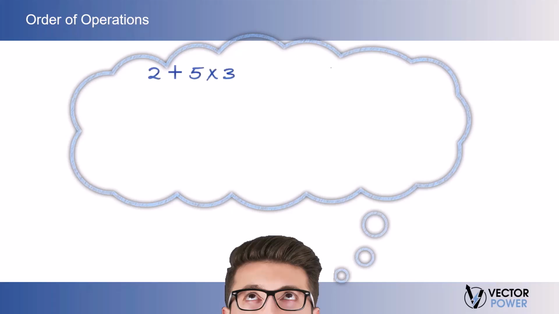Multiply or divide before you add or subtract. So, we'll start with the 5 times 3, which will give us 2 plus 15, which equals 17. The correct answer.